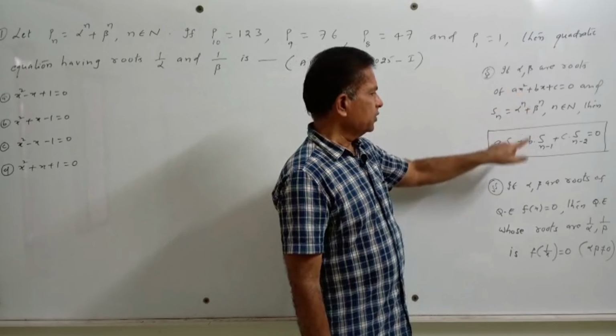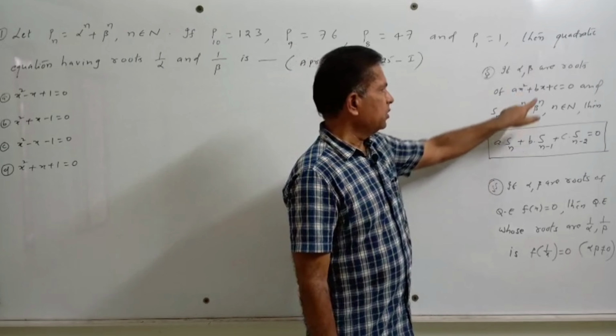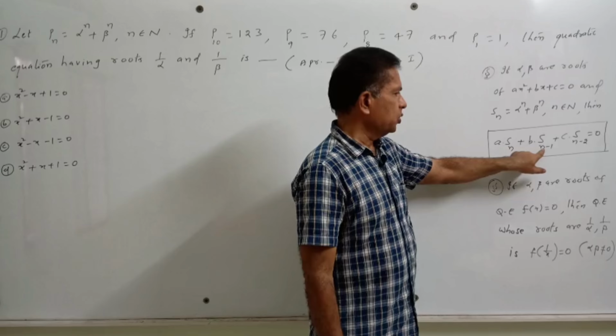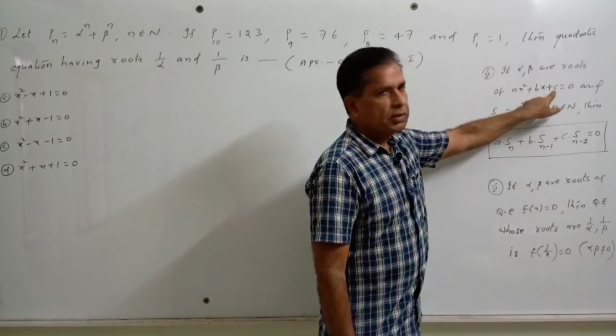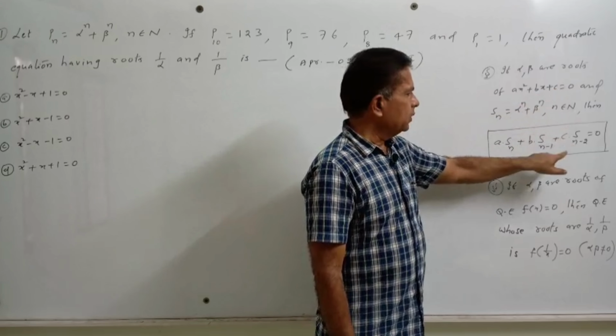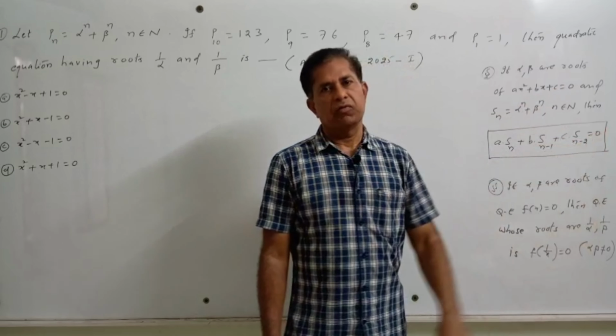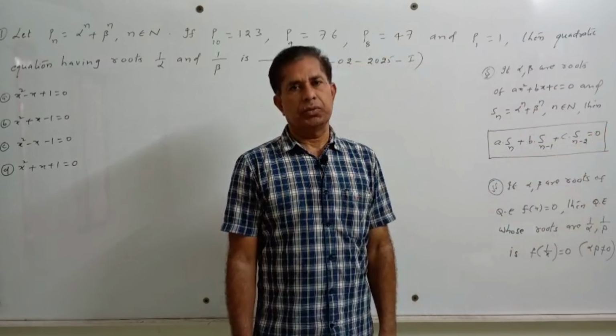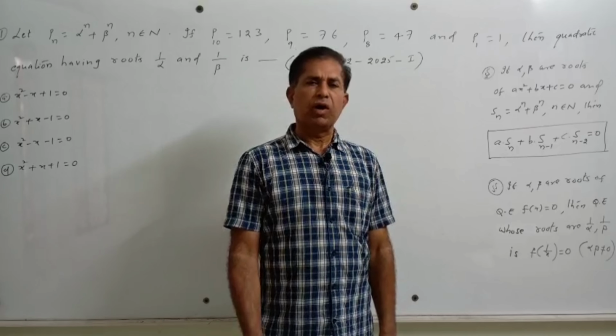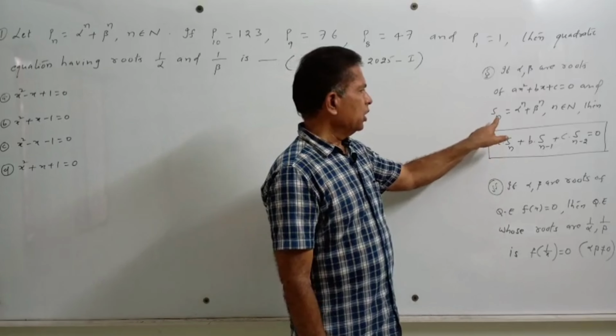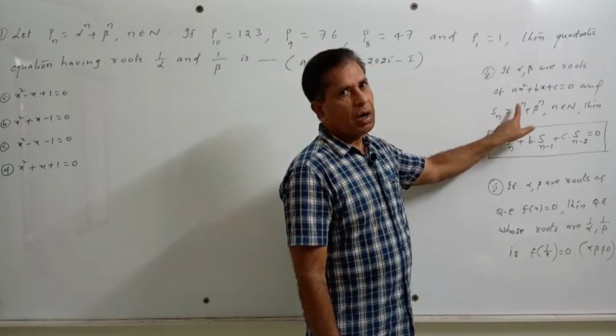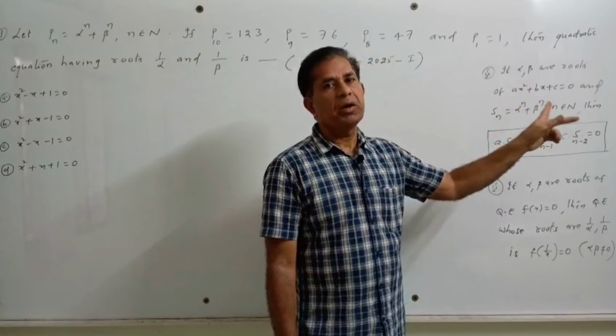So in place of x square you can substitute Sn, in place of x you can substitute Sn minus 1, plus c into 1, c written same, in place of 1 write Sn minus 2. This formula is also valid if Sn is equal to alpha to the power of n minus beta to the power of n.